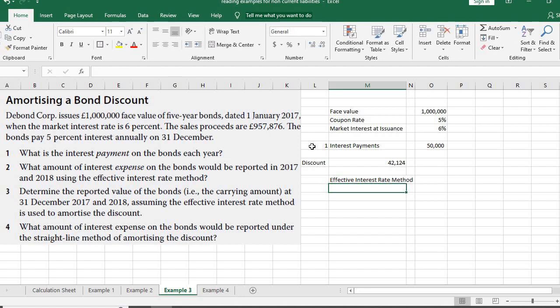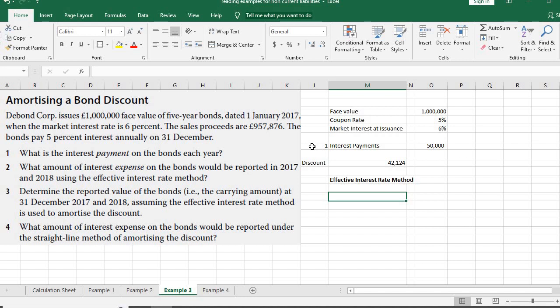In this method, whatever the discount or premium the bond has is allocated to the carrying amount of the liability on the balance sheet over the life of the bond by using the market interest rate that was prevailing at the time of issuance.